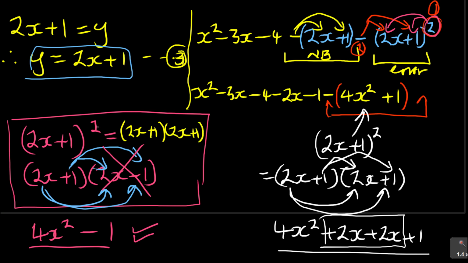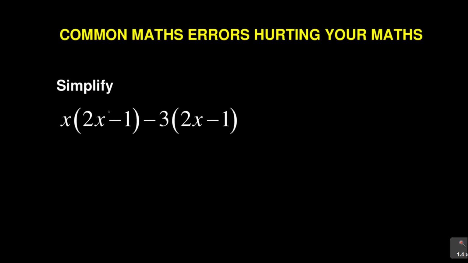It means twice. That's what it means. Just like x squared, it means it's x times x. So don't get tempted, or don't get fooled by that. Look at the last one that I wanted to bring. As I said, I'll bring some of these guys. I wish I could even write a book about the errors that students make.